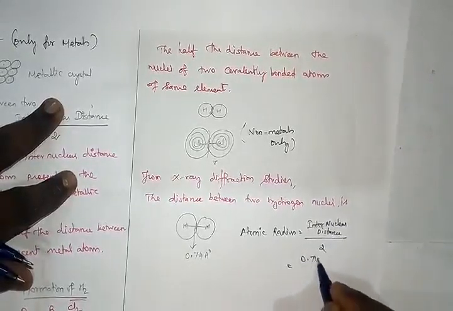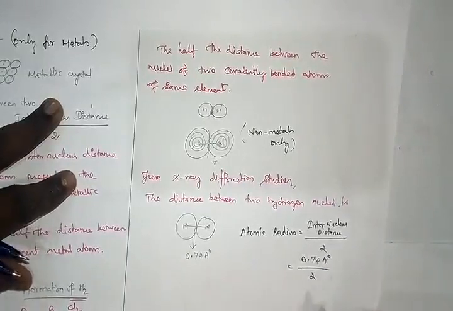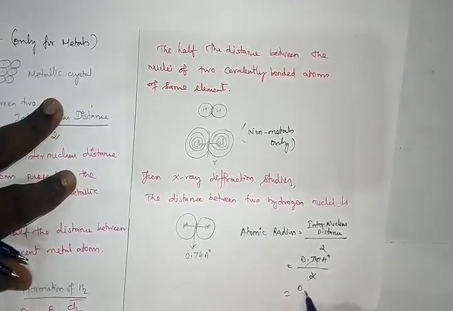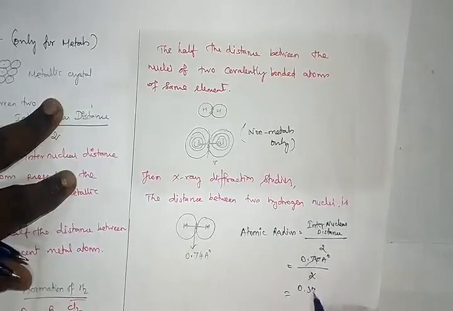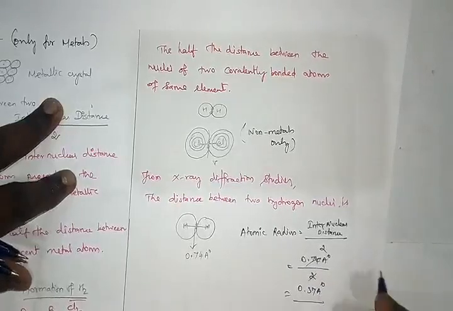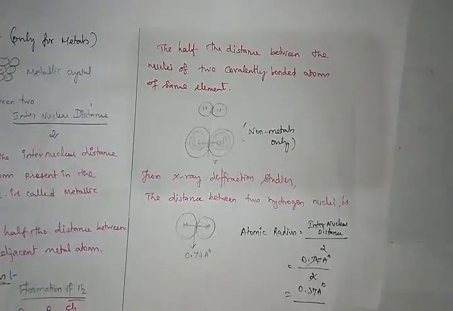So 0.74 Angstrom divided by 2. If you cut it, we will get 0.37. So the answer is 0.37 Angstrom. So this is the atomic radius of hydrogen.